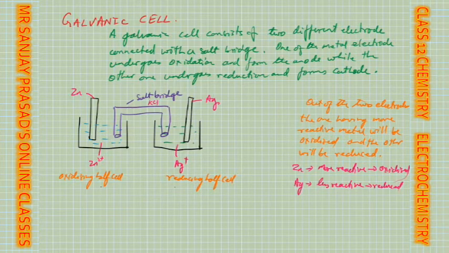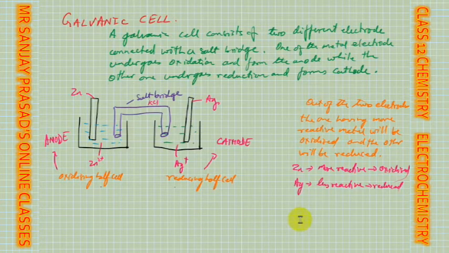Whichever is oxidizing, what will it form? Oxidizing one will always form anode, and reducing will always form cathode. Zinc is forming the anode and silver is forming the cathode.